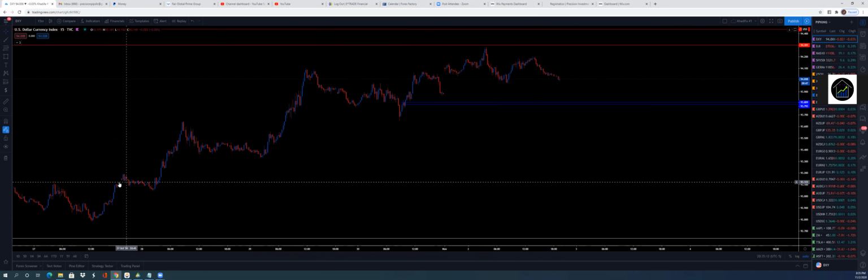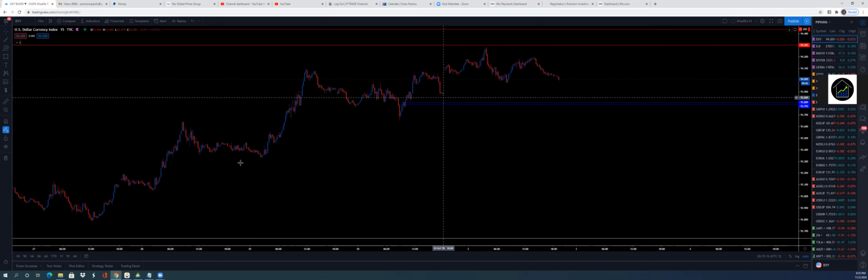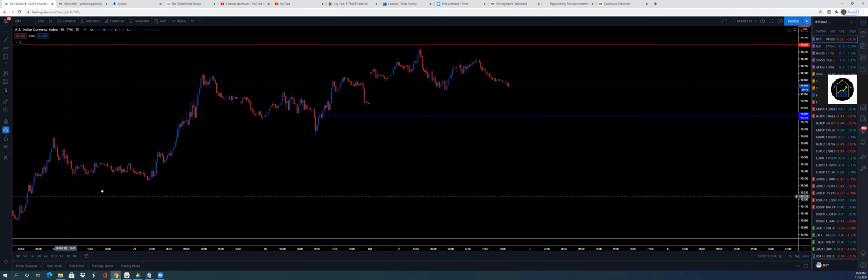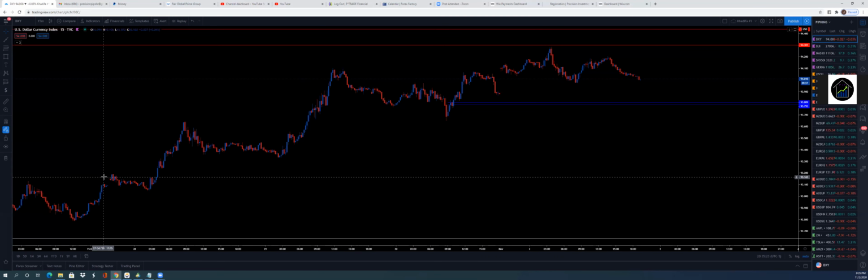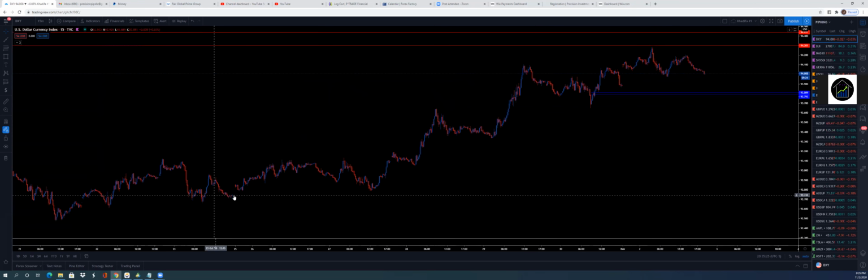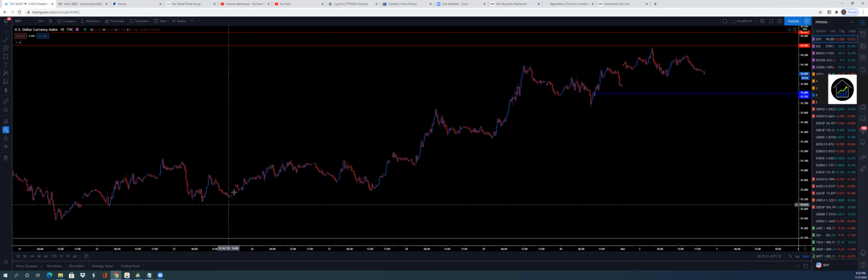This is where the market opened last week. We see it opened this week with a gap, you see right here. This is where it opened last week with this gap.